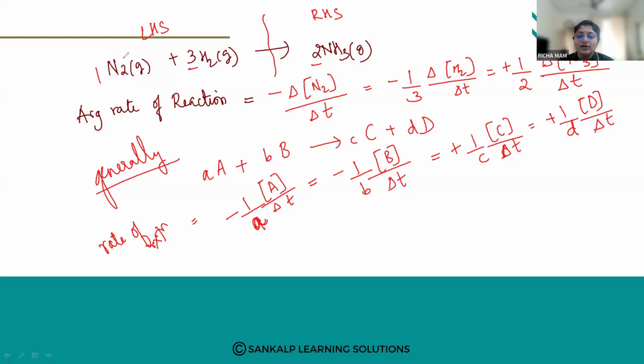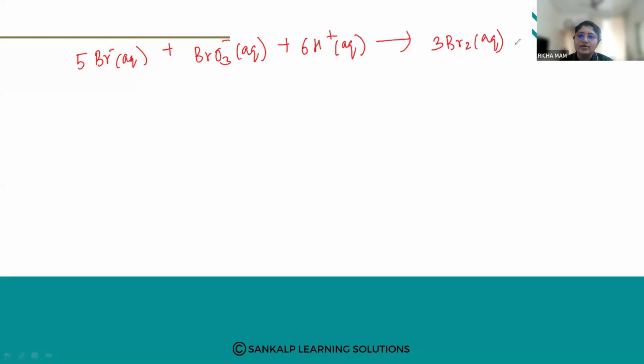Now, I'll give you an equation and you have to tell me: BrO3 minus aqueous plus 6H plus aqueous, giving 3Br2 aqueous plus 3H2O liquid. Anybody?